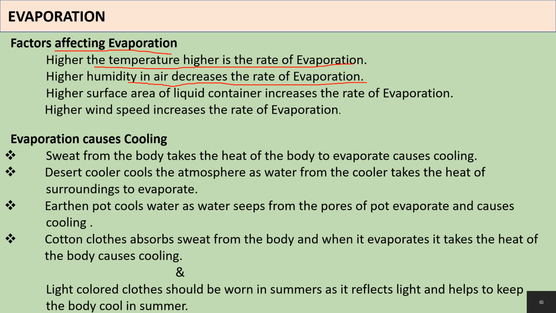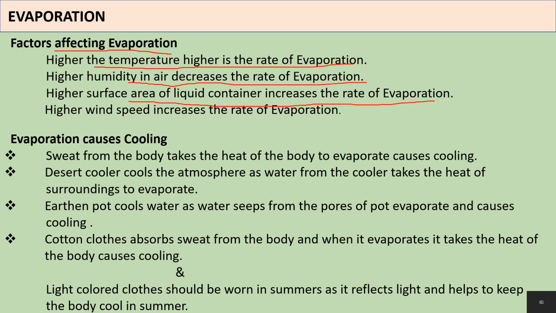The third factor is, high surface area of liquid container increases the rate of evaporation. If clothes are spread on a string for drying, they will dry faster than if they are not spread, because the area in contact with air is more when they are spread.